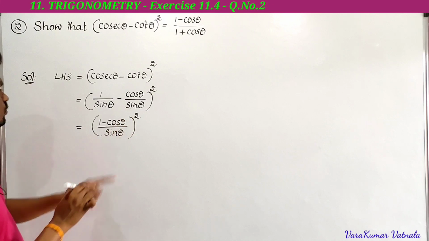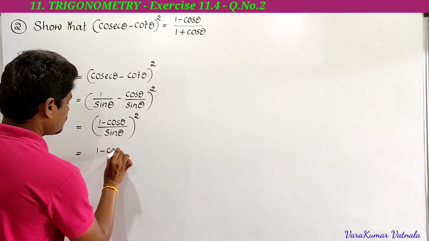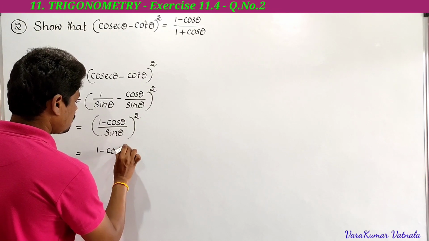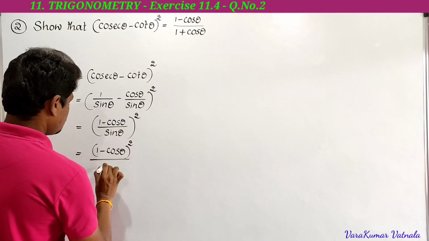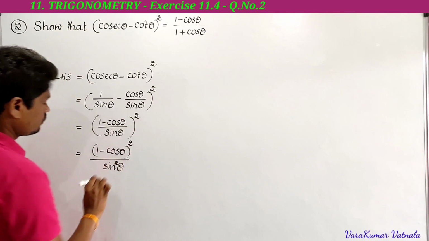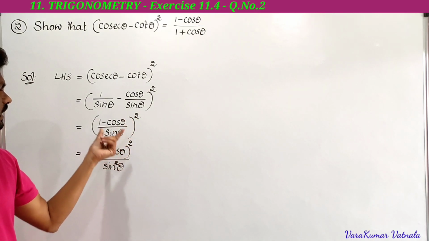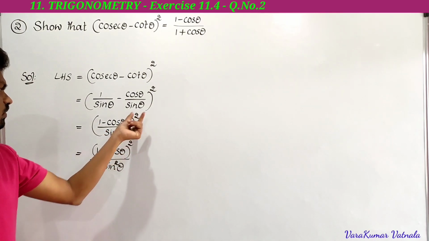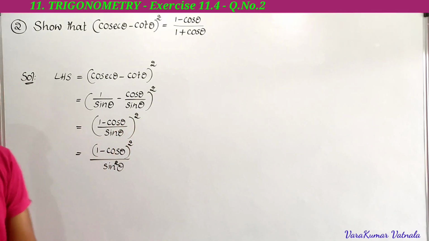So apply the square for both numerator and denominator. The numerator becomes (1 minus cos theta) whole square, divided by sin square theta.